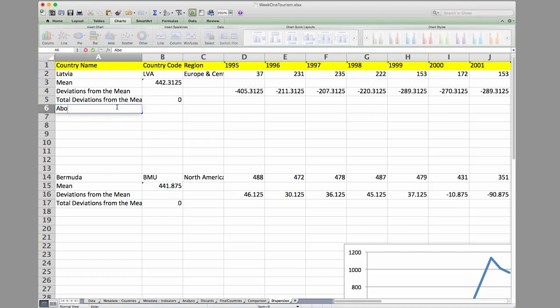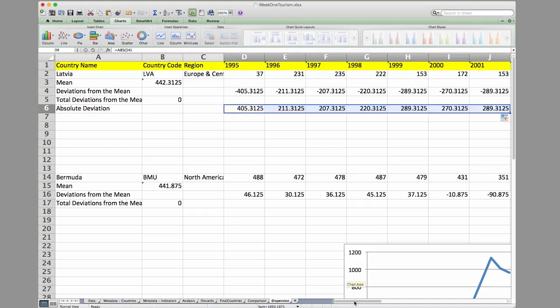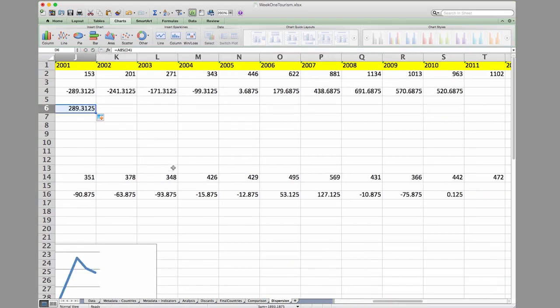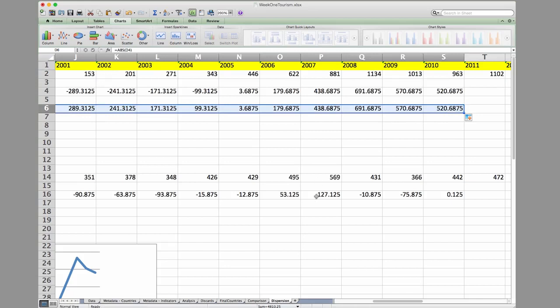I have absolute deviations. I'm going to skip using the word mean. It is deviation from the mean. So I'm going to look at the absolute value of this deviation over here and drag this all the way across to 2010. You notice that all of the numbers are positive and we have 16 of these numbers.